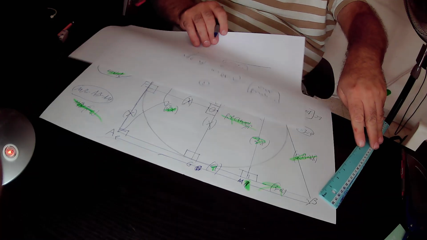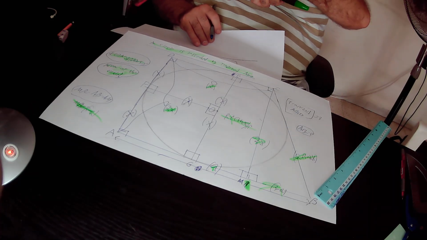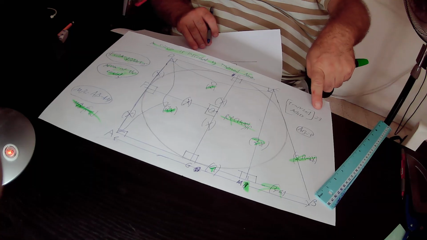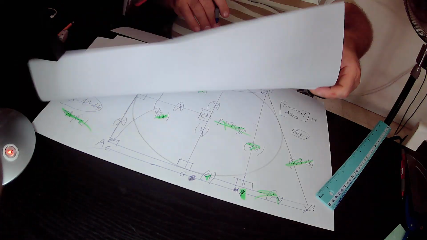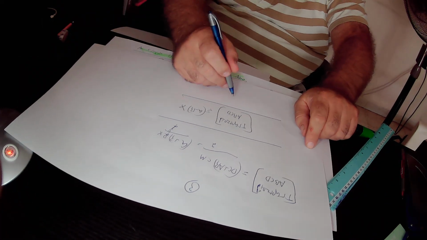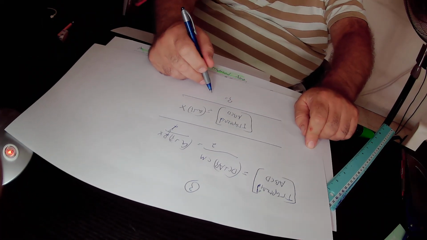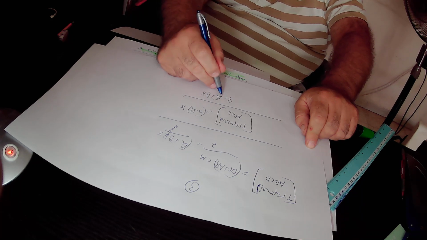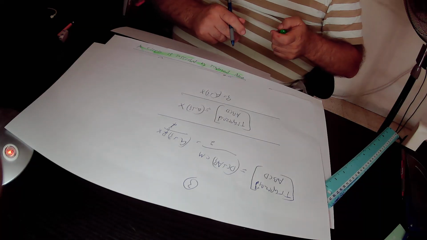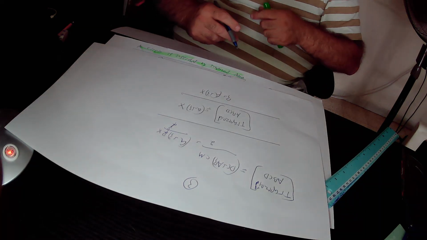But it is given in the question that the area of trapezoid ABCD equals 3 square units. So we can substitute the area of trapezoid ABCD in this equation by 3. So 3 equals a plus 3 times x.